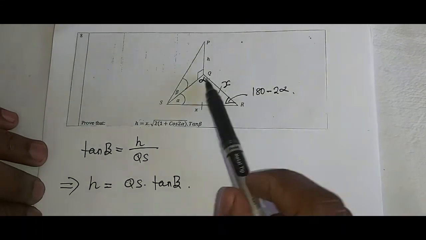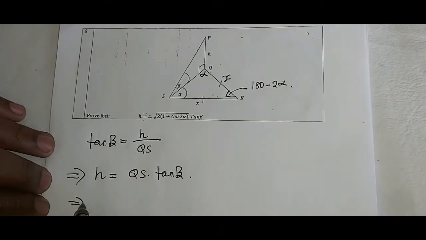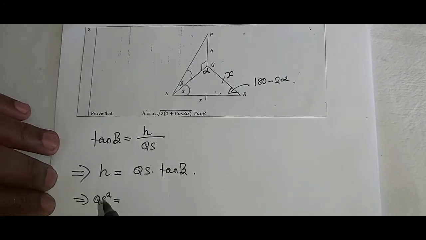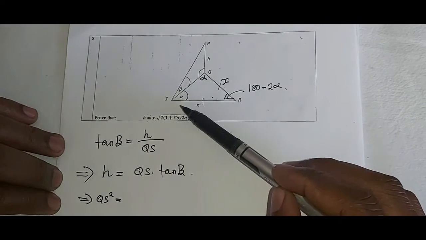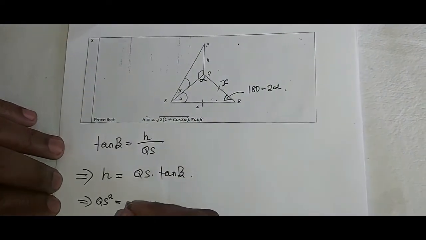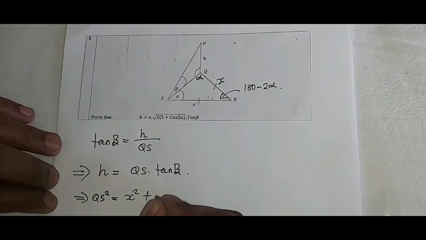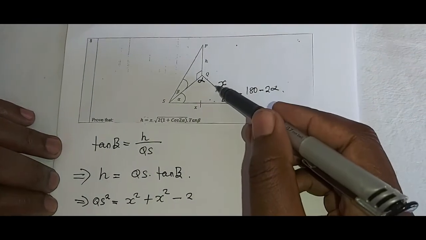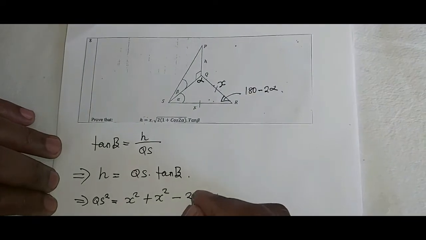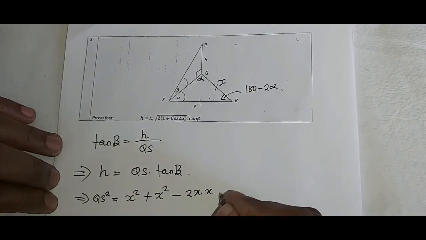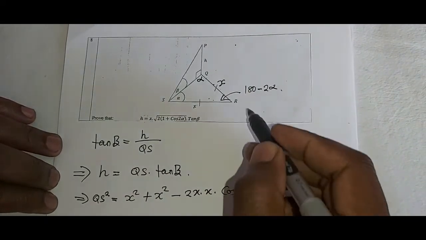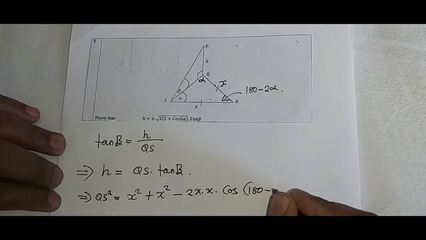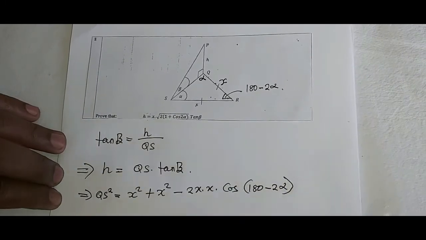So that means QS squared is equal to this side, that is my X, it will be X squared plus X squared minus 2 of this side times this side, that is X multiplied by X multiplied by cos of the angle that we are having there, which is 180 minus 2 alpha.